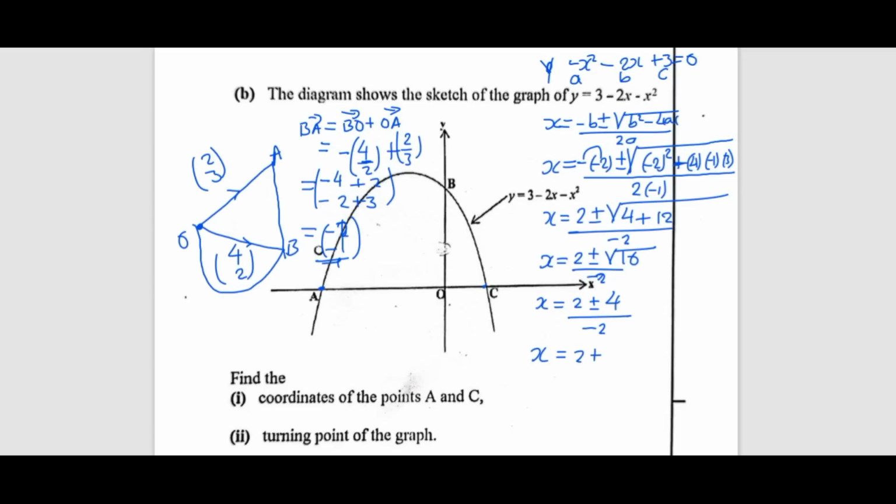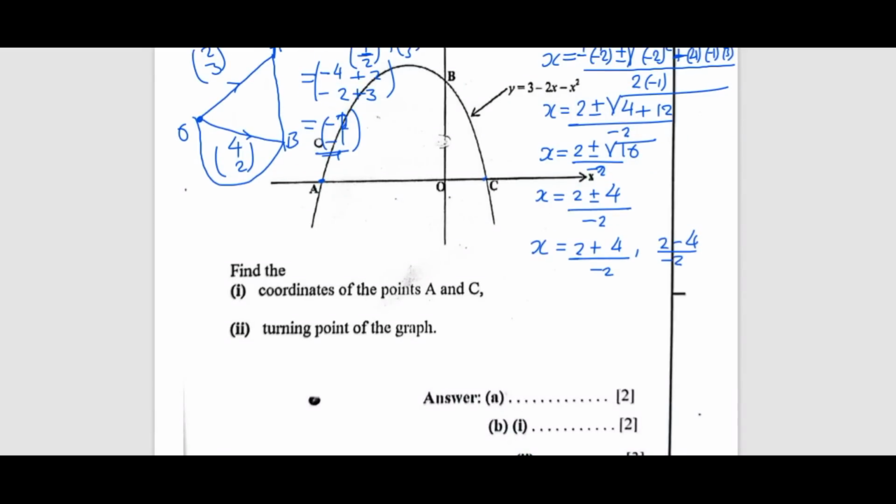So 2 plus 4 over negative 2, 2 minus 4 over negative 2. So x is equal to, here we have 6 over negative 2, which is the first value of x is equal to negative 3.